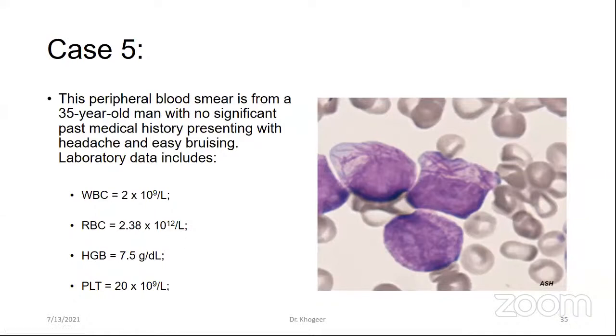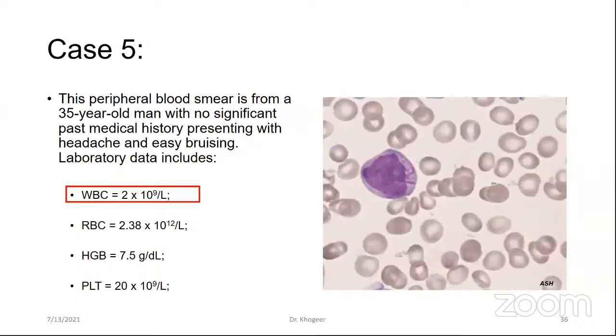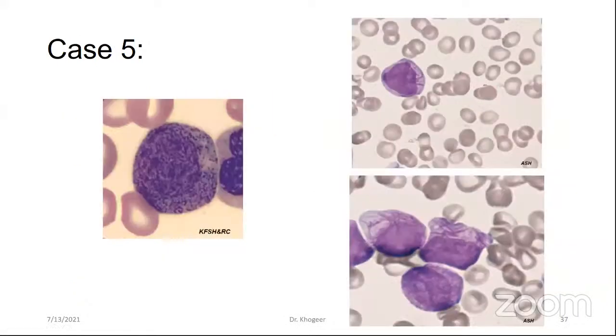So generally, the patient has pancytopenia. The leukemia here is characterized by the presence of these abnormal cells. Again, this is another picture of these abnormal cells.